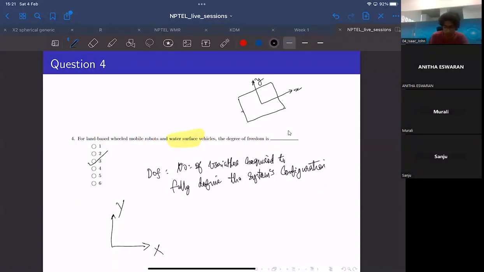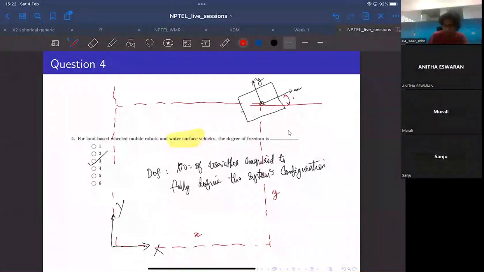You would require 2 variables to define the position, two position coordinates to define this frame's location. You would need to define what is this x distance and what is this y distance. Apart from that, you would also need one angle to specify its orientation.